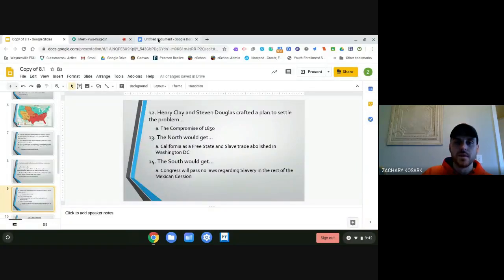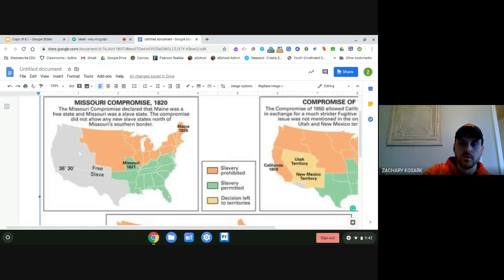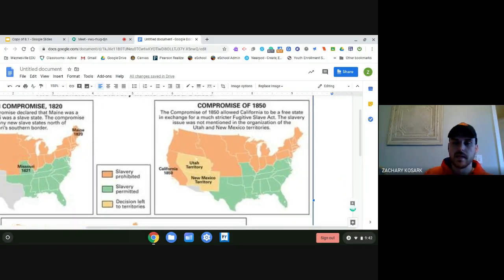So what this means, if we look at this map that says Compromise of 1850, is that the compromise allowed California to be a free state in exchange for a much stricter Fugitive Slave Act. The slavery issue was not mentioned in the organization of the Utah and New Mexico territories. So essentially what the Compromise of 1850 does is it gives California as a free state.